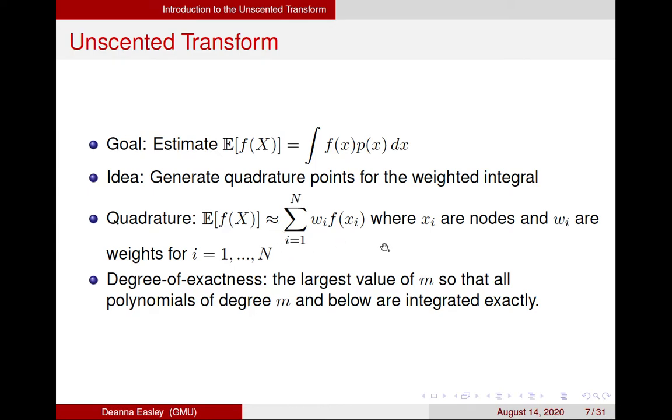A quadrature rule is a weighted sum of function values at specific points called nodes. We say that a quadrature rule has degree of exactness m if m is the largest value such that all polynomials of degree m and below are integrated exactly.